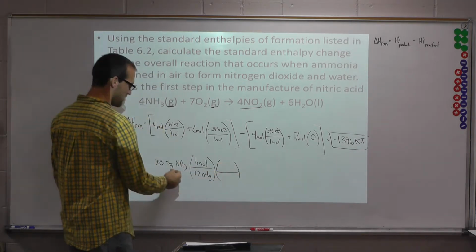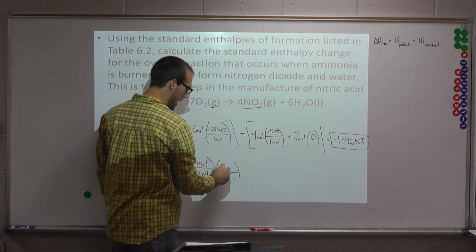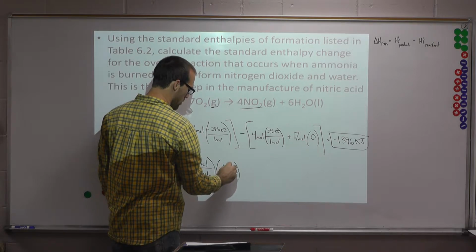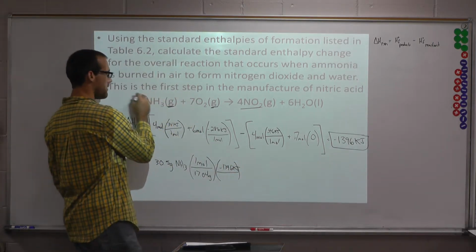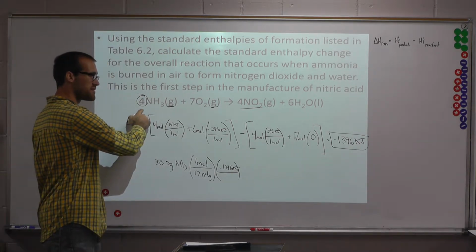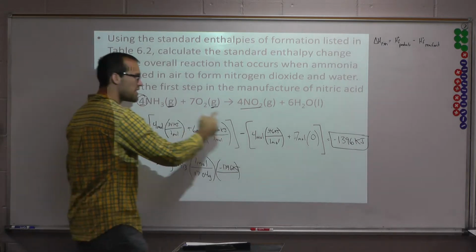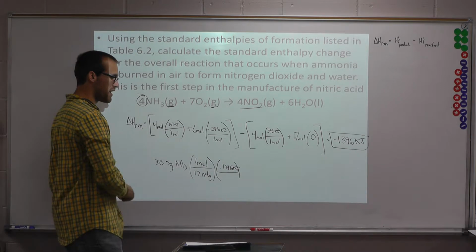What that does is convert this to moles. And I know that this much energy is going to be given off per 4 moles. I don't have 4 moles of this. If I had 4 moles, this is how much it would give off, but I don't have 4 moles of that, so it's going to give off less.